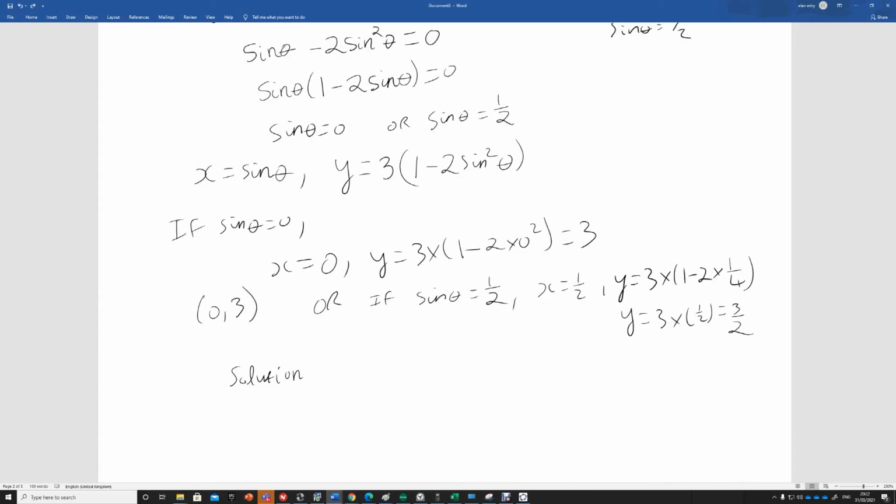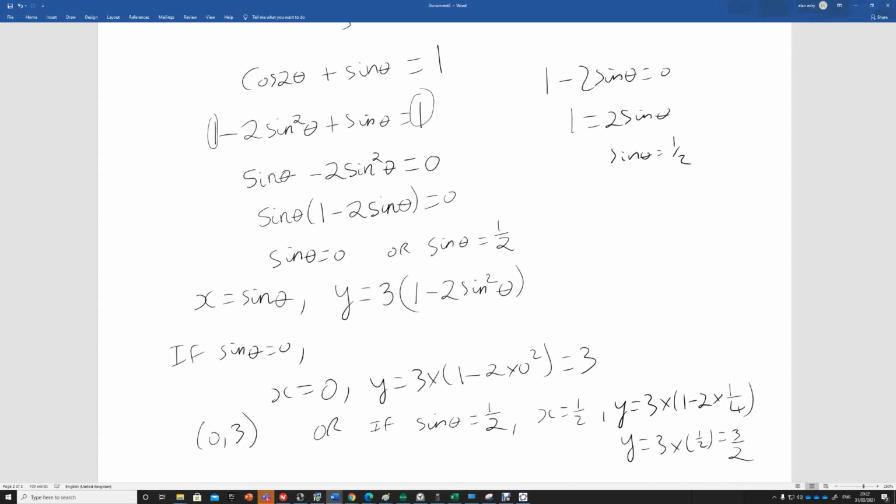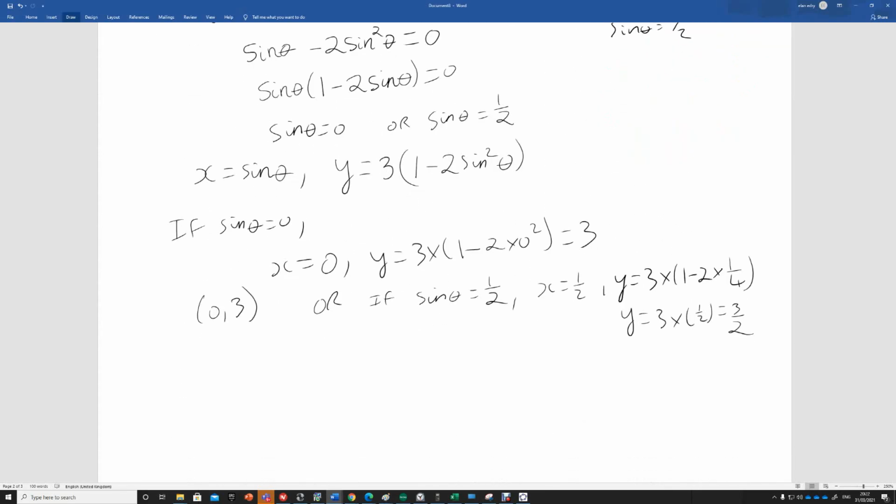The points of intersection of the line y plus 3x equals 3 with the curve, they are (0, 3) and (1/2, 3/2). And those are our points of intersection, and that concludes this question on parametric equations.